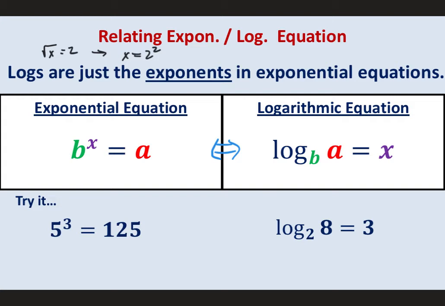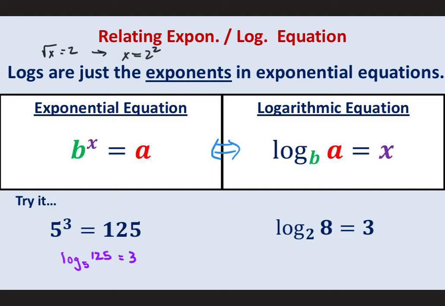So first things first, this one right here is an exponential. We're going to rewrite it as a log, and I said the base is going to be the same. So I'll go ahead and say log base 5, because that's the base right here, of, and then we're going to switch the sides. So log base 5 of 125 equals 3.